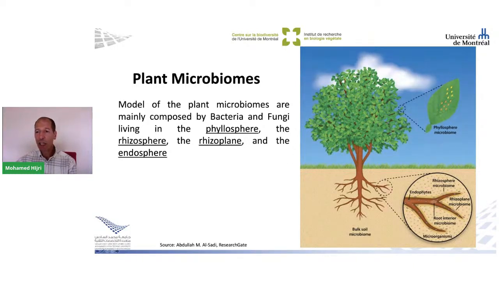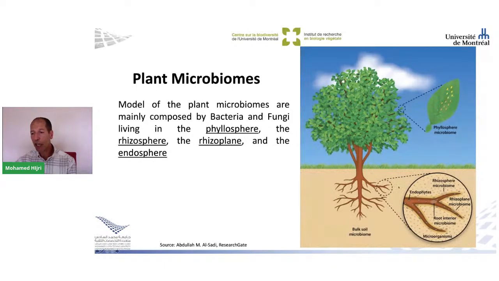We have what's called the phyllosphere, the microbes living in leaves, in fruits, or in shoots in the upper ground. Then we have below-ground communities, and typically these communities are much more complex than the phyllosphere microbiomes.